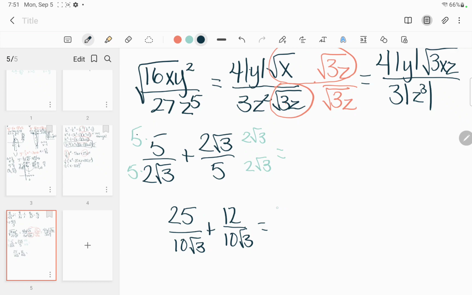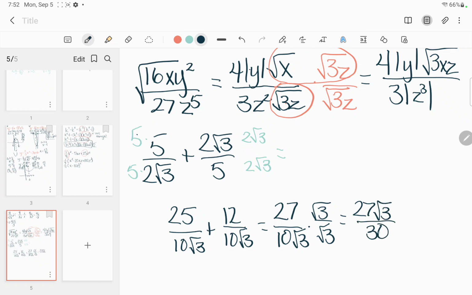I get 27 over 10 radical 3. Again, that radical 3 in the bottom is a problem. I need to multiply numerator and denominator by radical 3. This is square root radical 3. And that's going to give me 27 radical 3 over 30 for my answer.